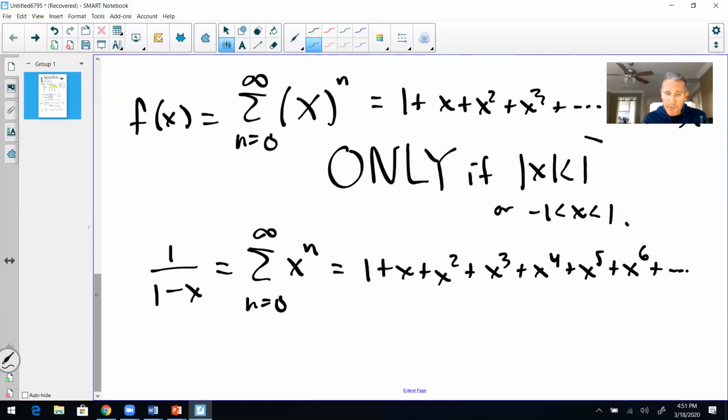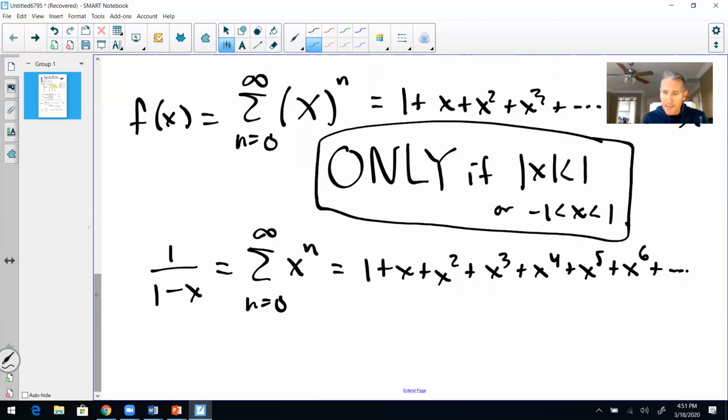And again, it's only if this is true, right? Only if we have an x that's in between -1 and 1, but it's weird because we have this rational expression, 1 over 1 minus x, exactly equal to this series that looks like a polynomial, only it doesn't have a finite number of terms. It has an infinite number of terms, right?